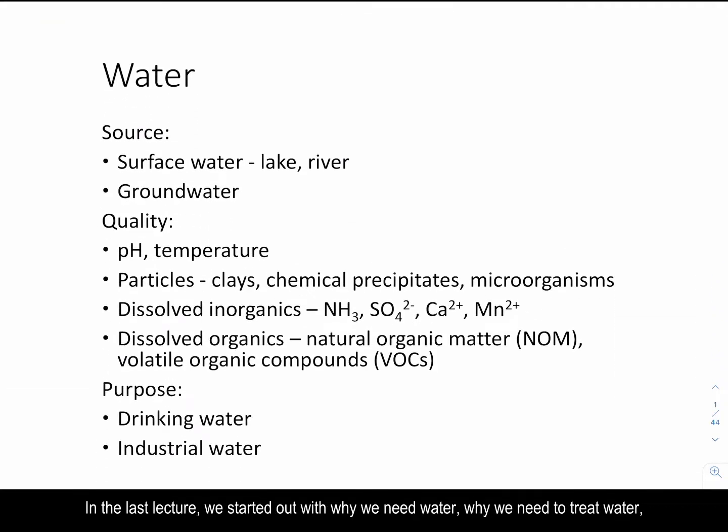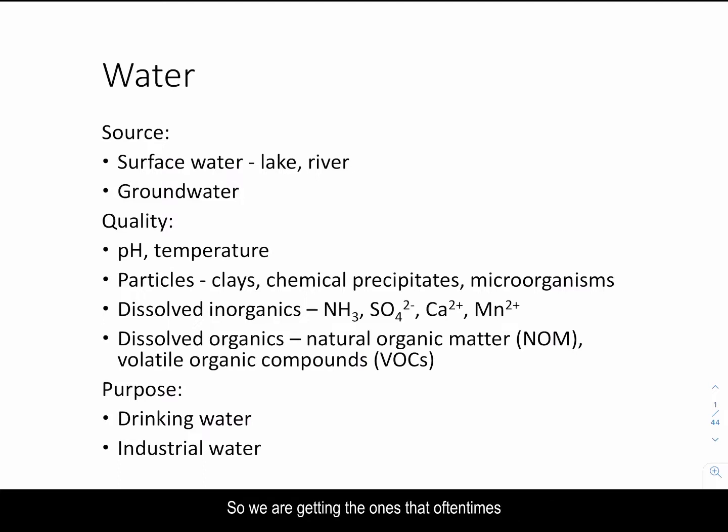Right, so in the last lecture we started out with why we need water, why we need to treat water, and so on. And today I would like to continue that, but with a little bit more focus on the water treatment side. So for most of our human use of water, we get the water in the form that's as clean as possible, right?